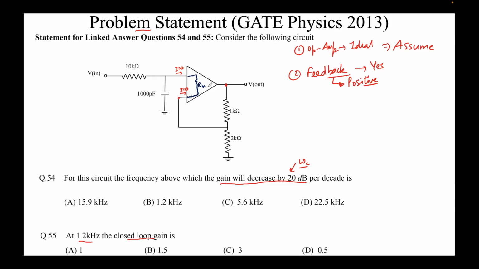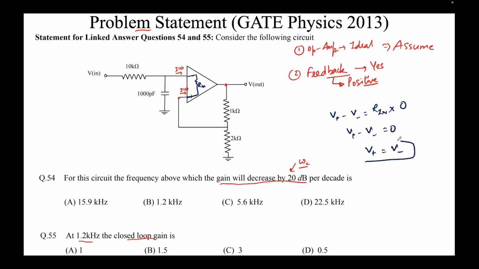So I can write, applying Ohm's law across this R in resistor, V plus minus V minus equal to R in times the current flowing. Current flowing is 0 in the ideal scenario. Usually the value of R in is a few megaohms. So I get V plus minus V minus equal to 0, which gives me V plus equal to V minus.